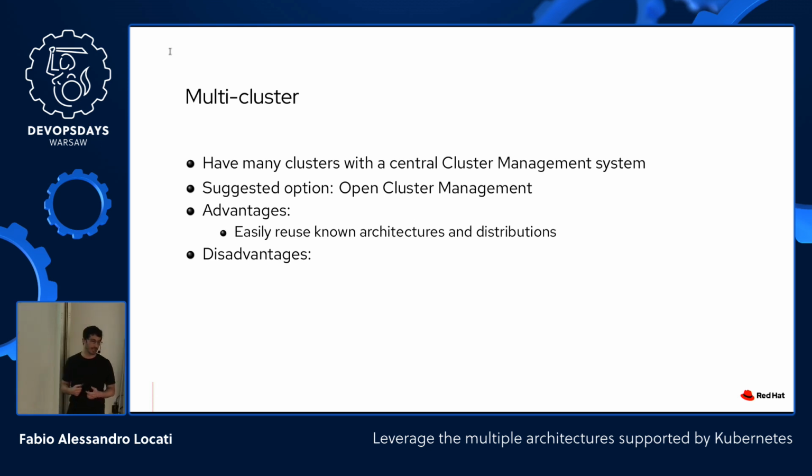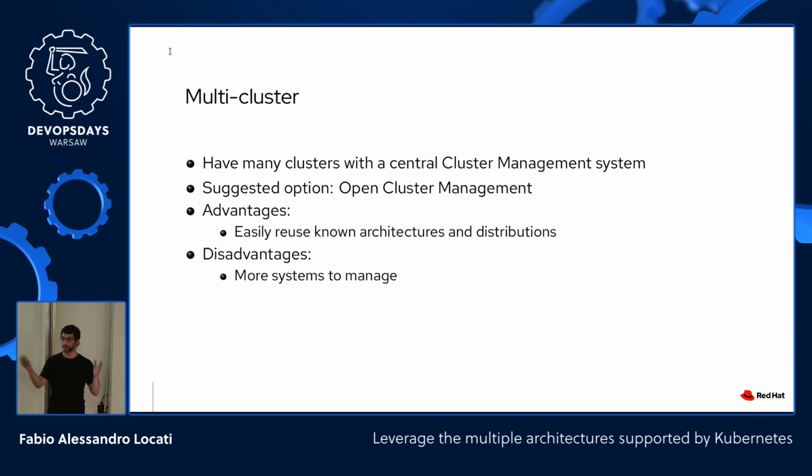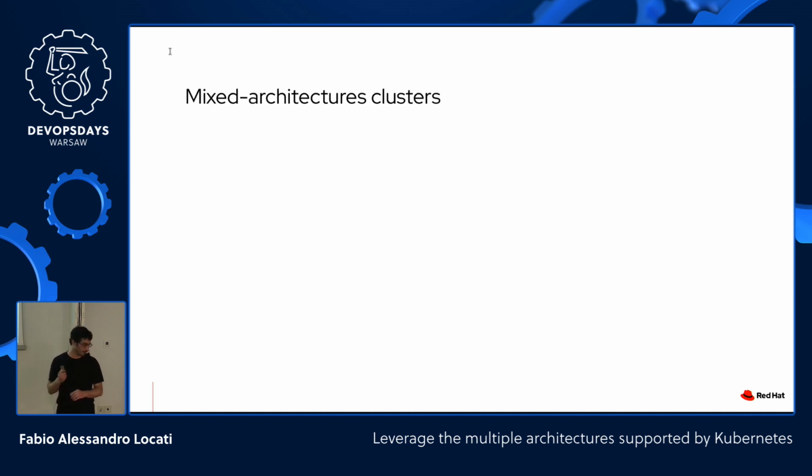But you do also have the disadvantage that you will get more systems to manage. Because in the end, you will have, let's say, in the previous example, 20 clusters, x86. If you start adding maybe ARM64, then maybe you will add another 20 clusters. So immediately you will double the number of clusters you will have to manage.